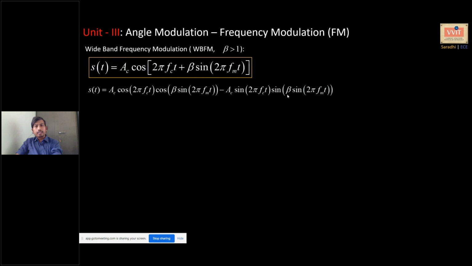Beta is a given constant and it can be given any value. So we need to be careful in understanding cos and sin of beta sin 2 pi fm t, and these two are approximated using Bessel functions.